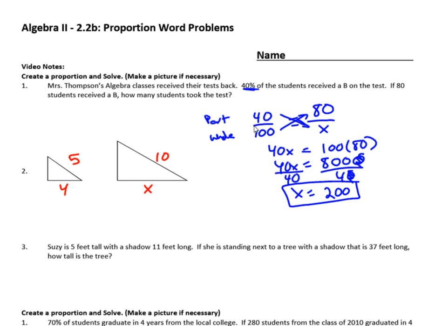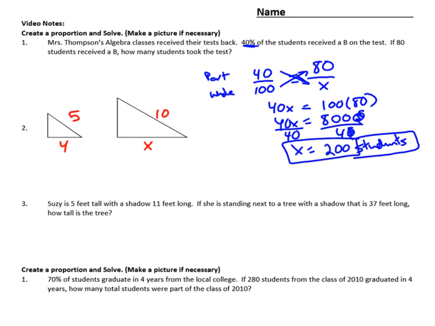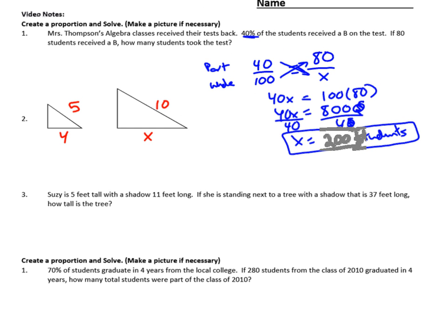So 200 students, don't forget to label, students took the test on this word problem. So 200 students took the test, 80 of them received a B, which is 40%. And you can check 40% of 200 to be 80, but we don't have to because we know we set it up right.